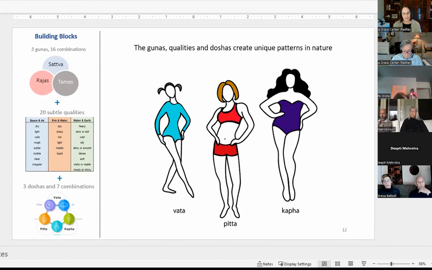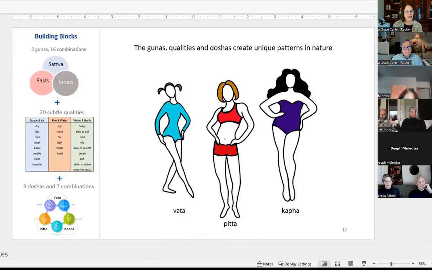It's an entire archetype, if you will, that's bundled and illustrated by this outer symbol occurring in nature, which is the pattern of the physical body.